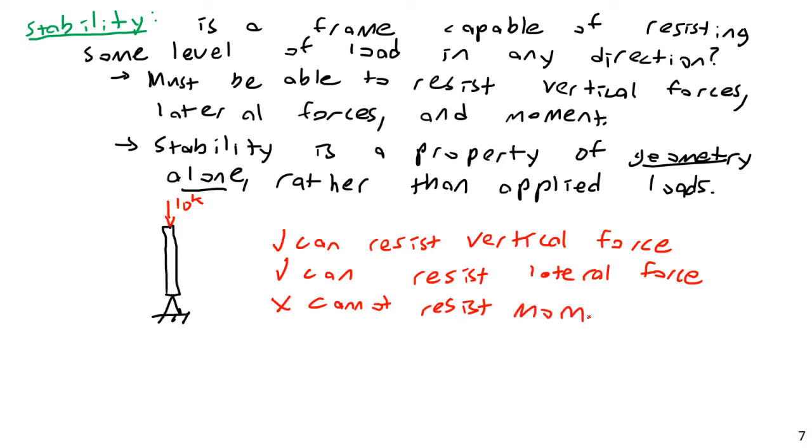So the moment that a slight breeze comes along, this thing is going to topple over. It is fundamentally unstable. So what this comes back to is, again, stability is a property of geometry. I don't care what loads are applied to this. Stability equals geometry.